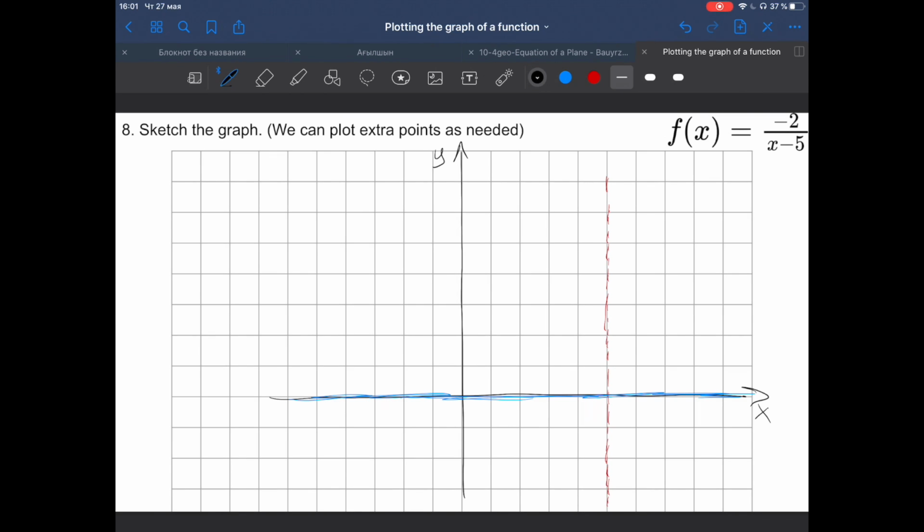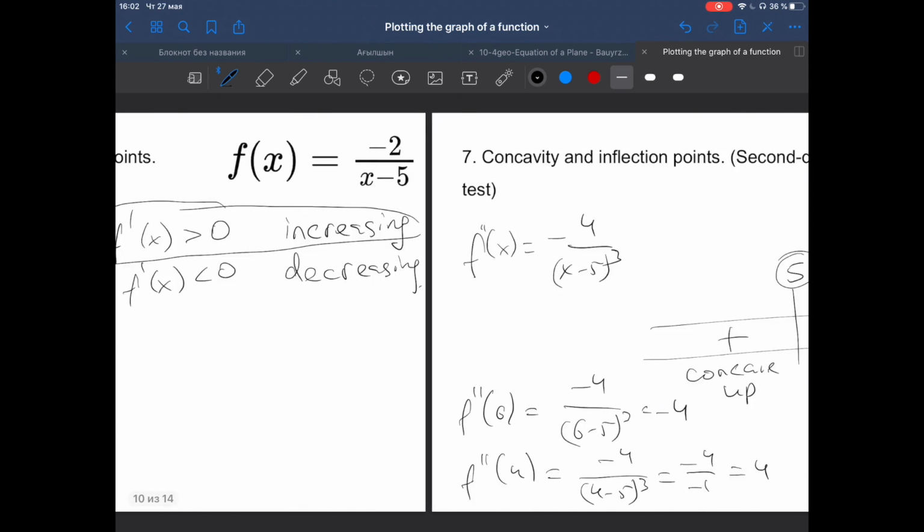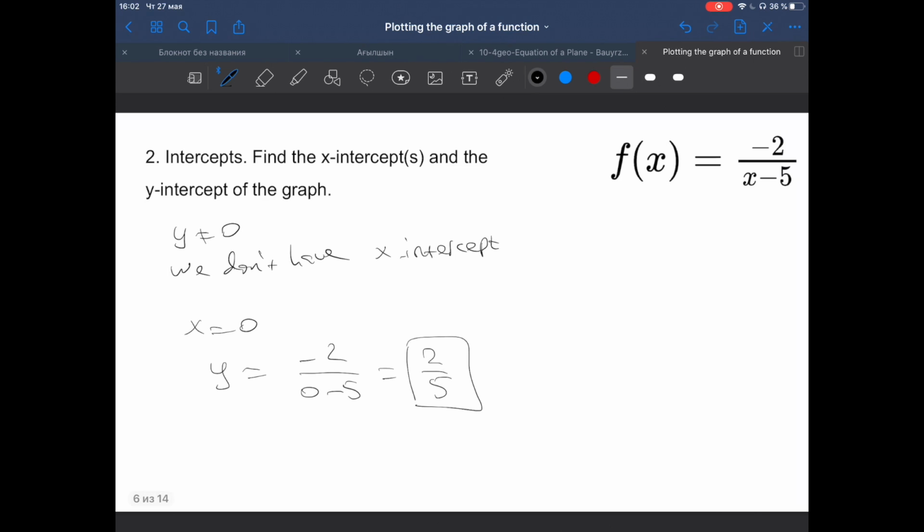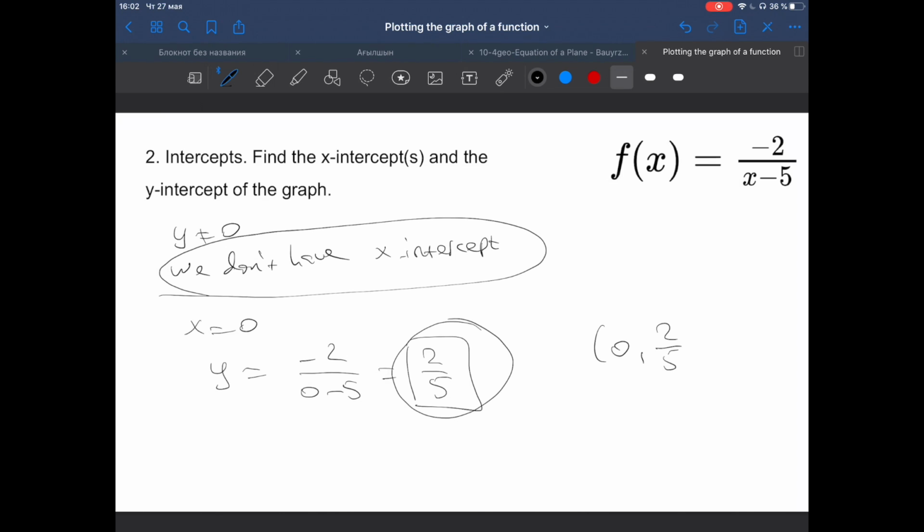After that, let's look at intercepts. We just said we don't have an x-intercept. It means our graph is not intersecting the x-axis. And we have here a y-intercept. When x is equal to 0, y is equal to 2 over 5.